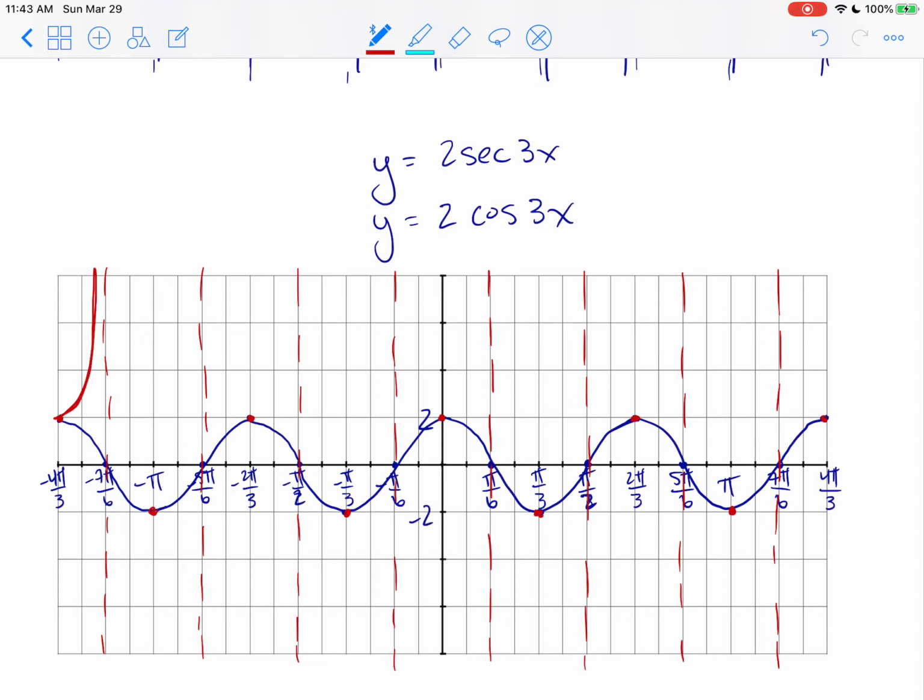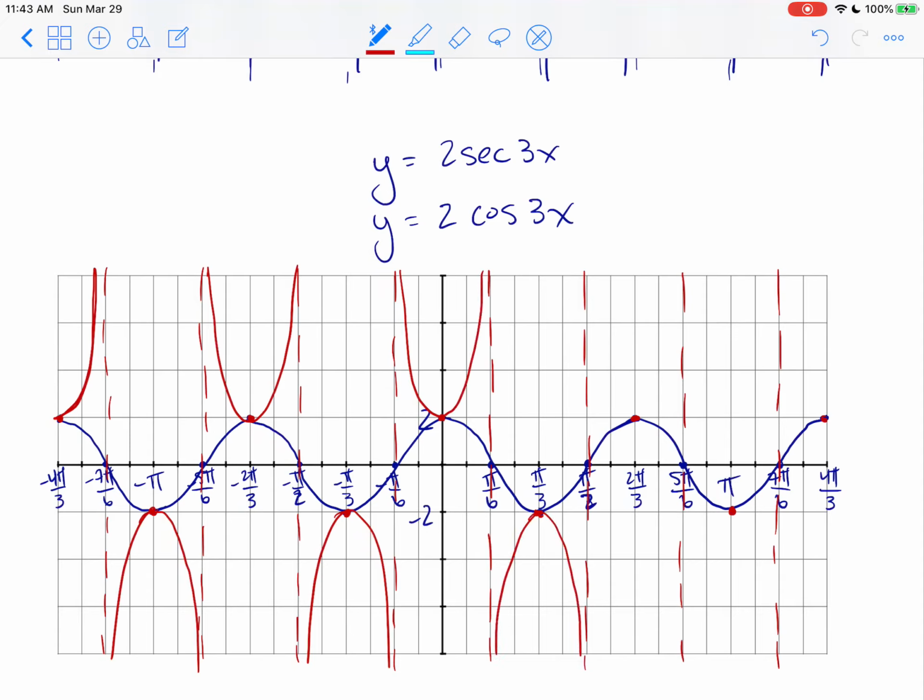So I'm going to draw my parabola-looking things in here for my secant graph. Take your time. You can make a happy little secant graph there and a happy little secant graph there. Use the Bob Ross approach. Try to enjoy what you're doing.